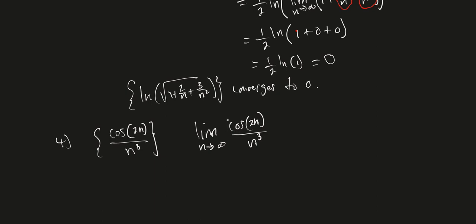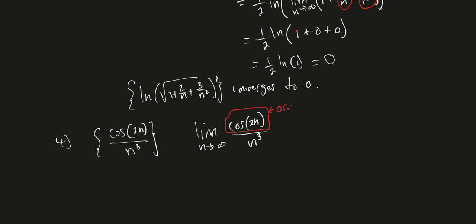Now, the problem with the numerator is that it oscillates, right? Remember, your cosine function oscillates indefinitely with constant amplitude between plus or minus 1. So the top here oscillates indefinitely, so it's oscillatory, right?